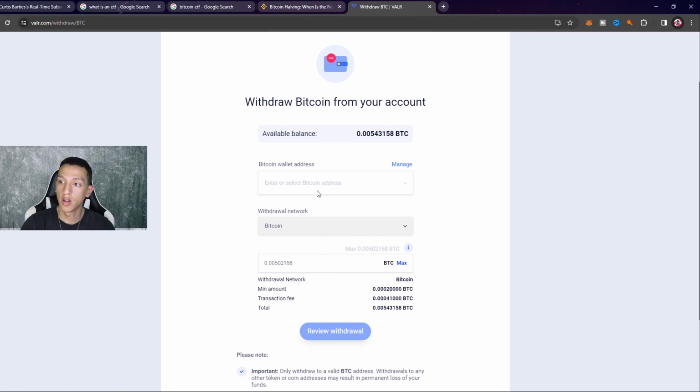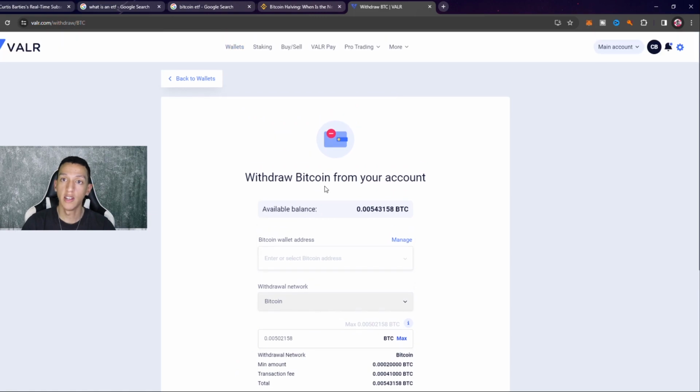I will have a follow-up video where I take my BTC on VALR to a cold storage wallet. You move your BTC to a cold storage wallet if you're not going to be selling or using it, so for the long term, which is basically where I keep most of my Bitcoin. That will be a very short video after this one, where I just move my Bitcoin offline. This is just for demonstration.